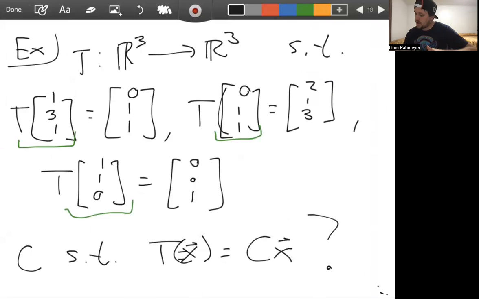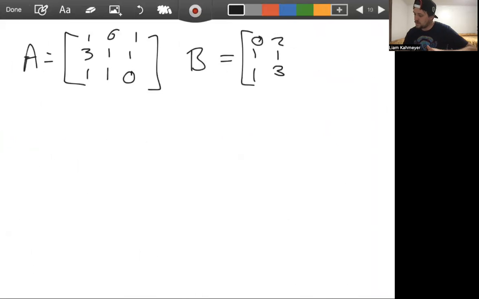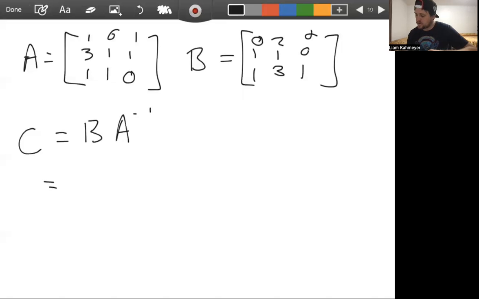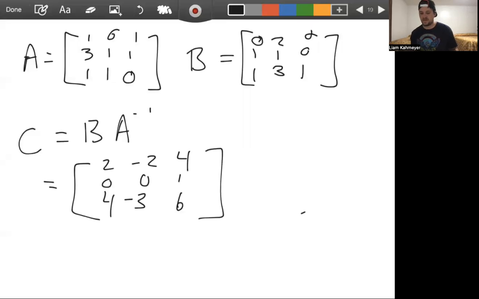And after you apply (1, 1, 0), you get (0, 0, 1). So the matrix representing this transformation is BA inverse: calculate the inverse, take the product. We're pretty good at that by now, hopefully. The result would be (2, 0, 4), (-2, 0, -3), and (4, 1, 6).